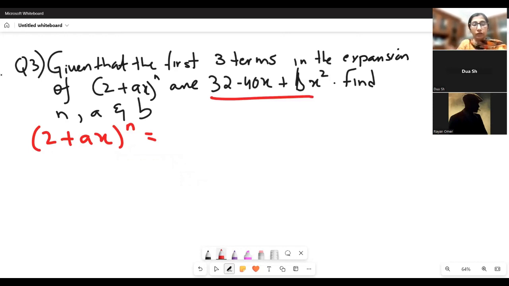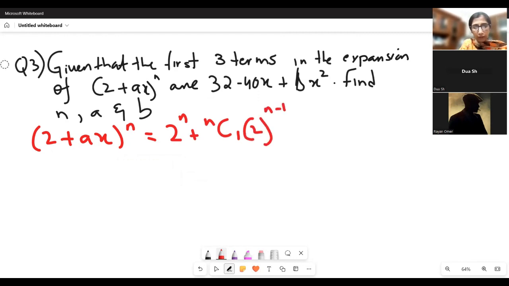Okay. So when we expand (2 plus ax) power n, we get the first term is 2 power n, plus nC1 times 2 power n minus 1 times (ax) power 1.